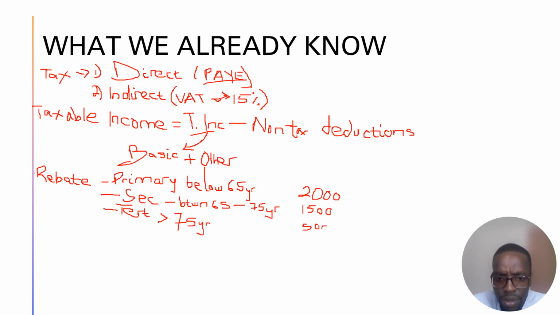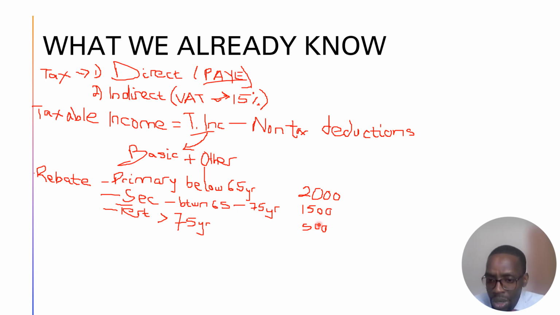Now, these rebates are cumulative. Why? Take for example someone who is 66 years. If in the exam you are told to calculate the rebate, then you are going to say primary plus secondary, because someone who is 66 is between 65 and 75, so qualifies for the secondary rebate.